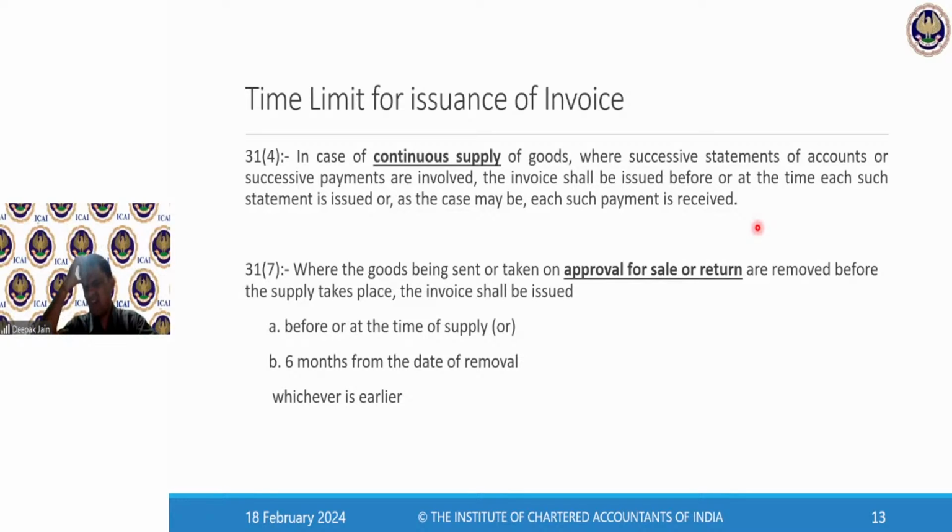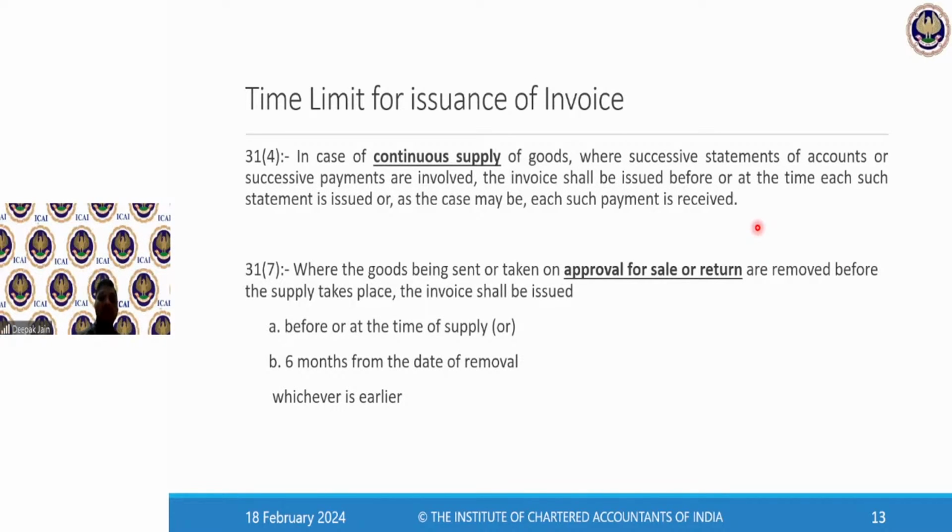We know that in a continuous supply, there should be continuous supply of goods and the invoice should be raised periodically. So when such an invoice is periodically raised, it shall be issued before or at the time each such statement is issued. Monthly, you say in the agreement that a monthly statement will be issued, or a quarterly statement. Once such a statement is issued, before that you have to raise an invoice, or along with that statement itself you could raise an invoice. Or when there is no statement, but you have to make a regular fixed payment on a monthly basis.